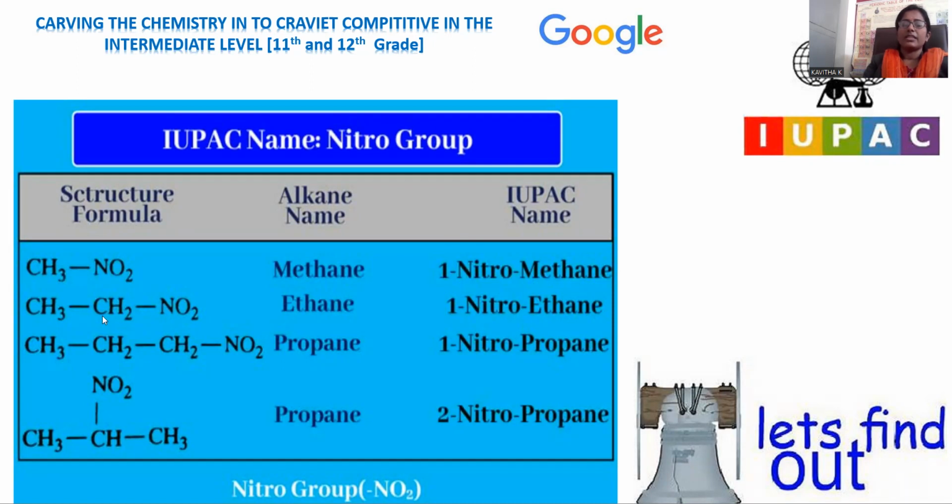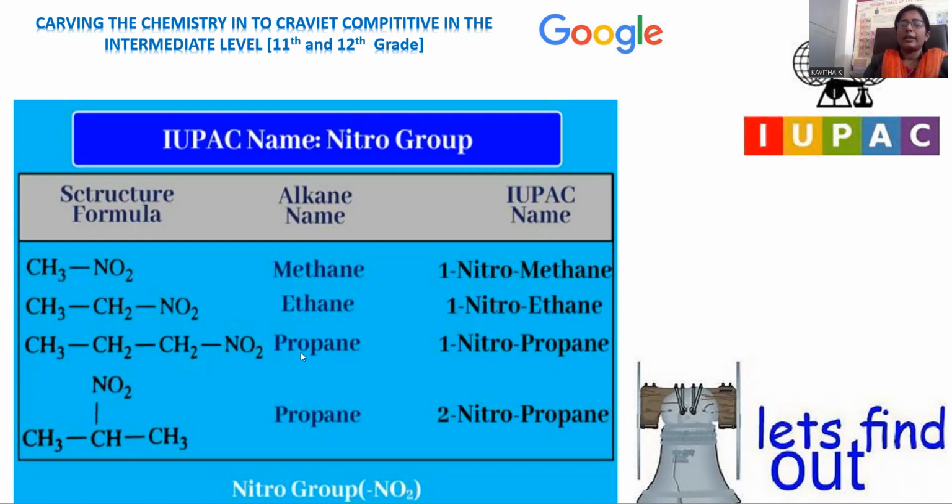In a similar manner, the second compound has a two carbon chain with NO2, where you have to assign 1-nitro again, because nitro is located on the first carbon, so 1-nitro is the prefix here. Ethane is the parent chain name. And for the three carbon chain with NO2, 1-nitropropane.